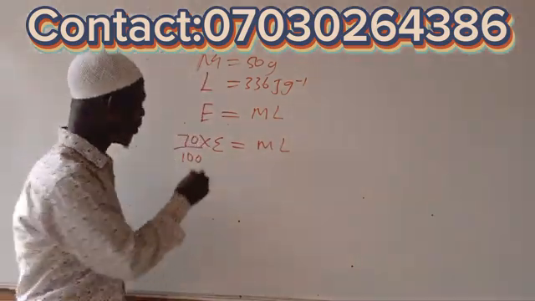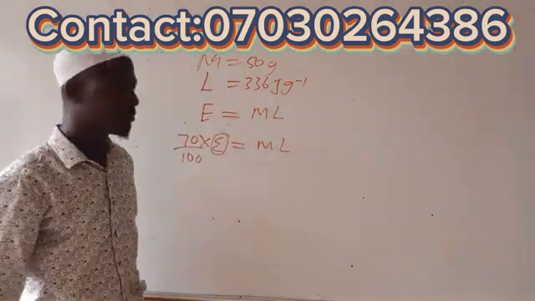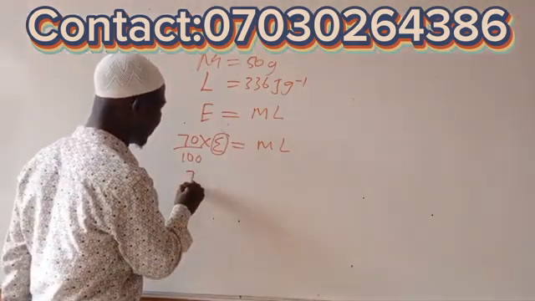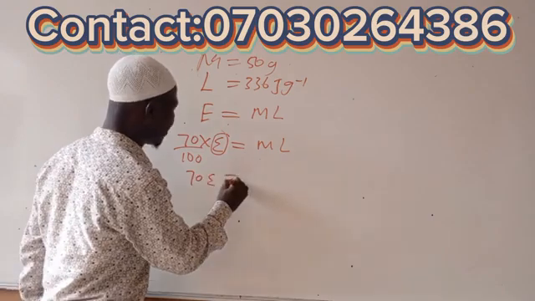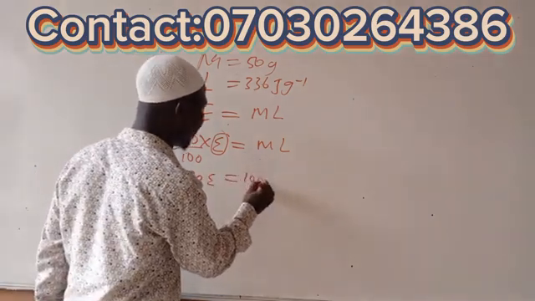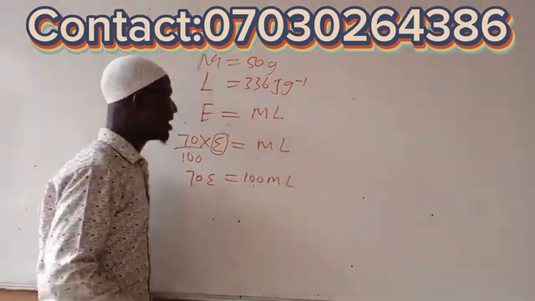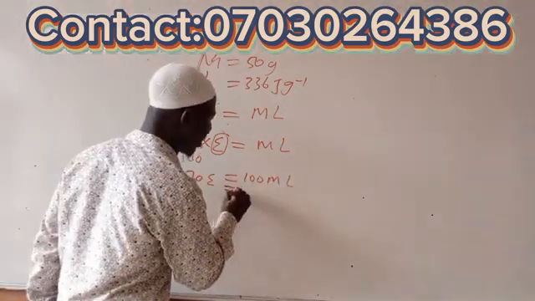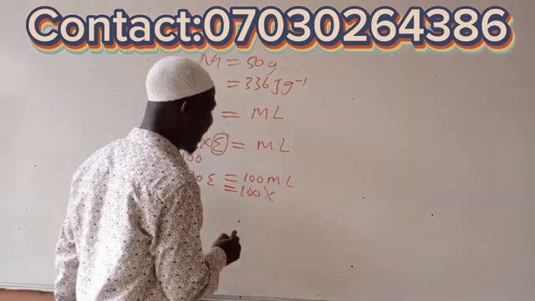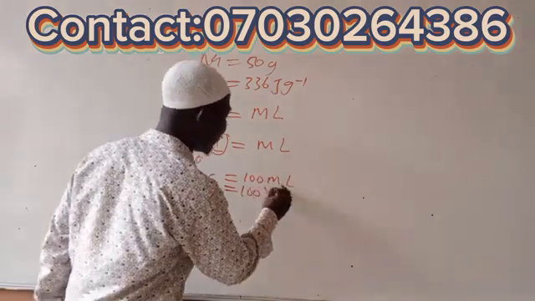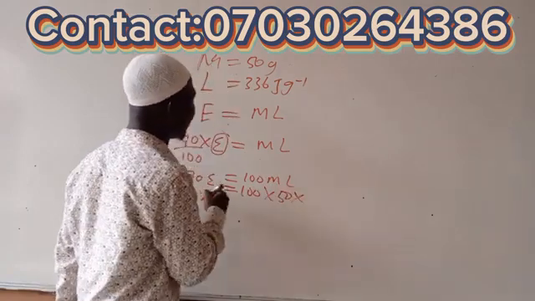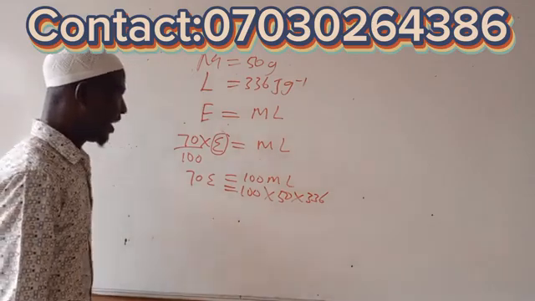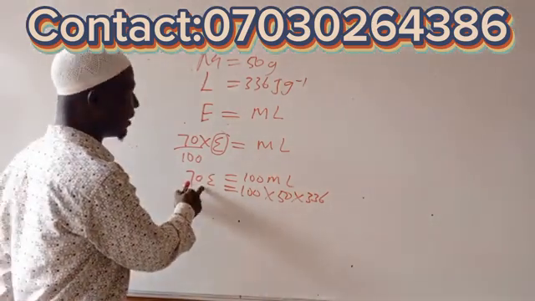We are looking for the heat supplied. Cross multiplying, 70E is equal to 100mL. In the question, they gave us m and they gave us L. Therefore E equals 100 multiplied by 50, multiplied by L, which is 336.